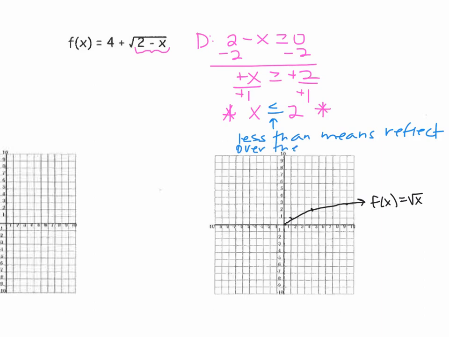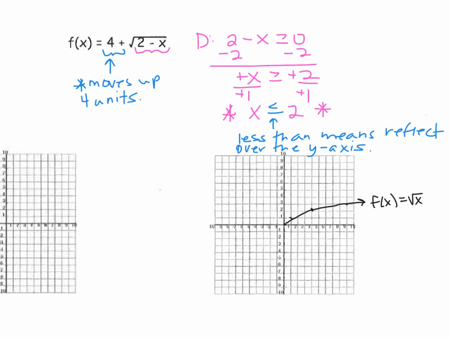And that's part of our description for this function. The other part of the description will be that plus 4. Notice the plus 4 is outside of the radicand, so it's going to shift up or down. That plus 4 just means this whole thing is going to move up 4 units.